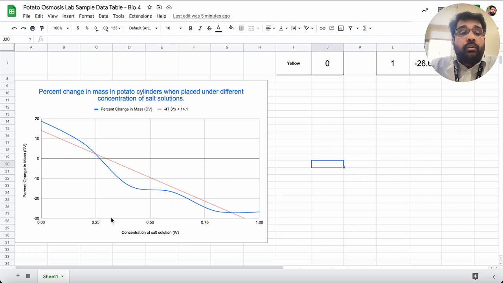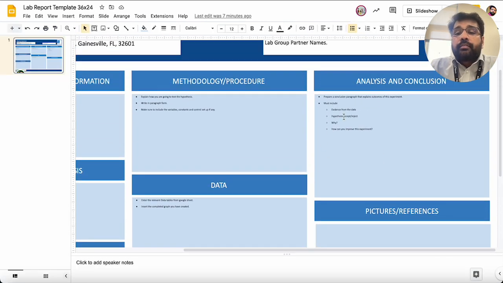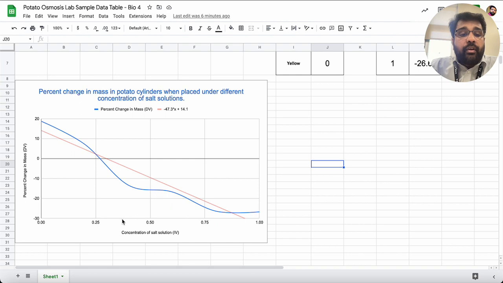So that is what you conclude, and you would explain that in your lab report: that the potato cell's cytoplasm concentration is, according to our graph here, 0.3 molar.